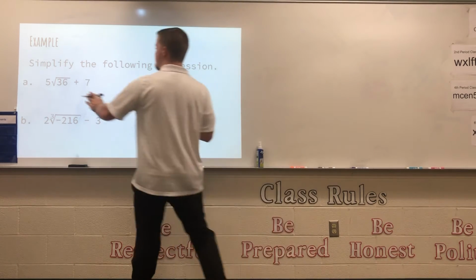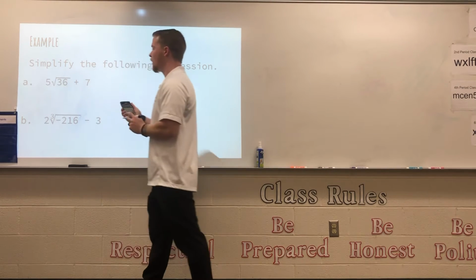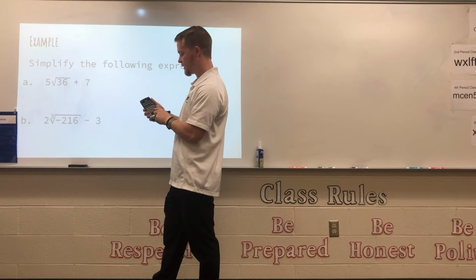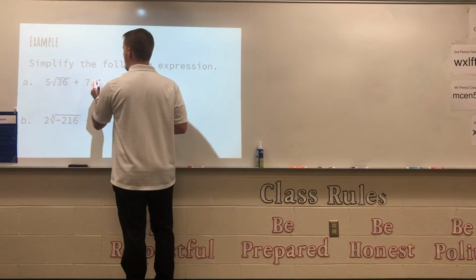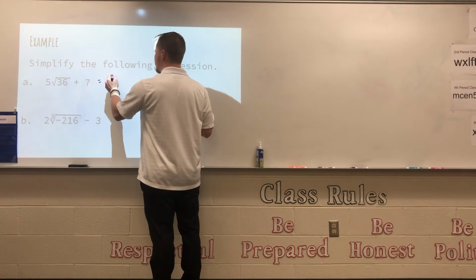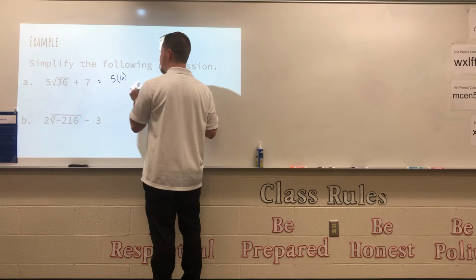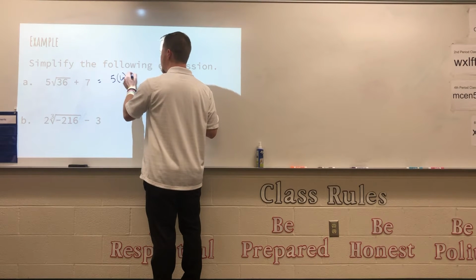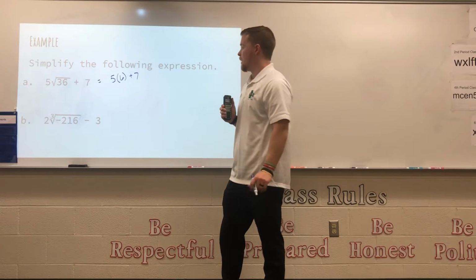So the first thing you need to take care of when you're solving this is the square root. So I'm going to find what the square root is. The square root of 36 is 6. So when I work that out, it'll be 5 times 6 in place of the square root of 36. So this is my new expression that I'm going to work out.